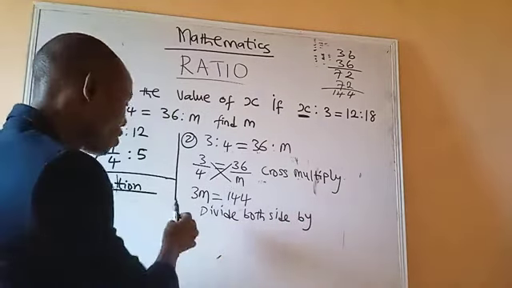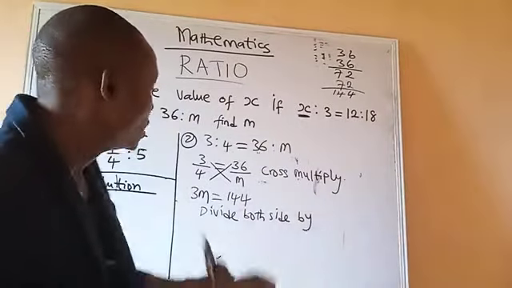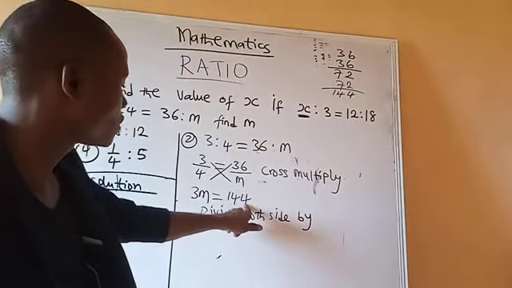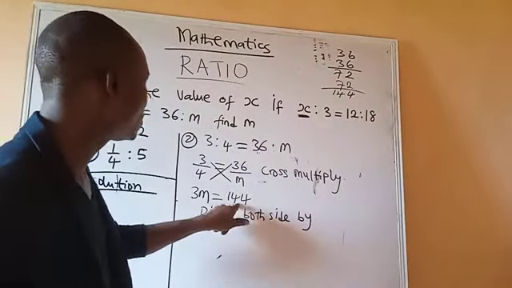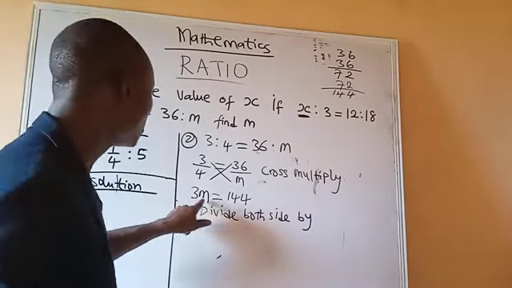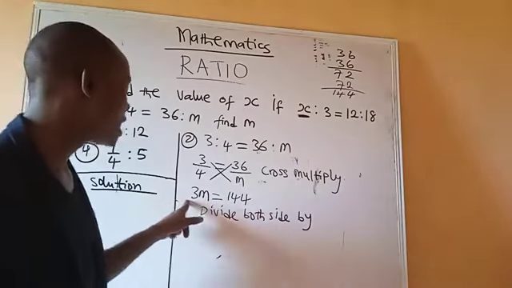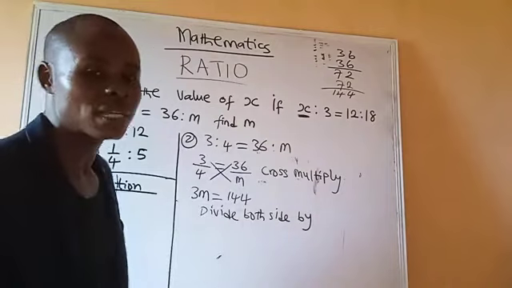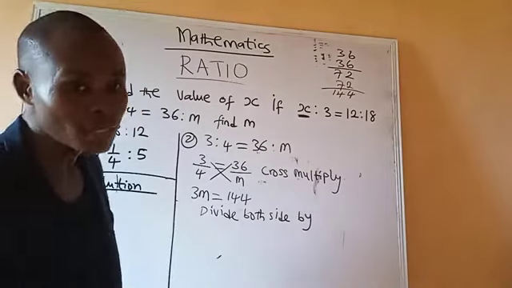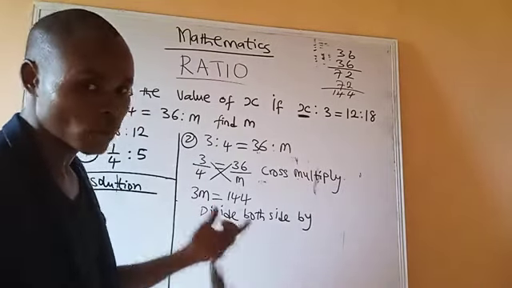Because that's the number attached to your alphabet. You don't divide both sides by 144, no. You divide both sides by the number attached to your alphabet. If it is 6m, we divide both sides by 6. If it is 20m, we divide both sides by 20. Hope you understand that one.